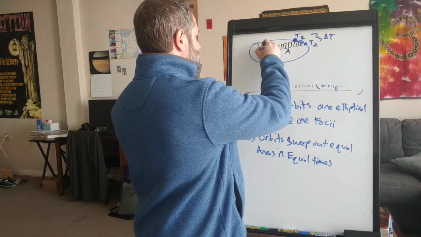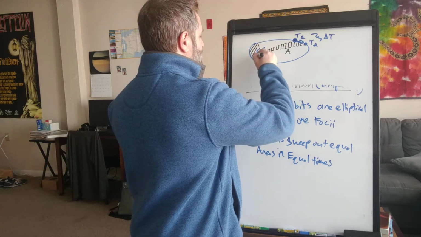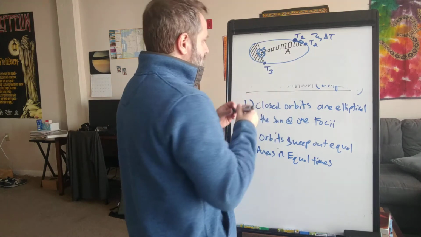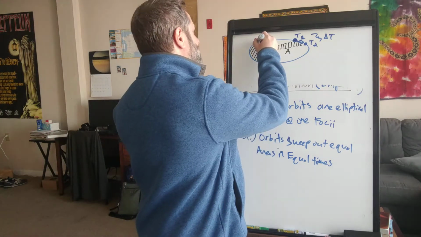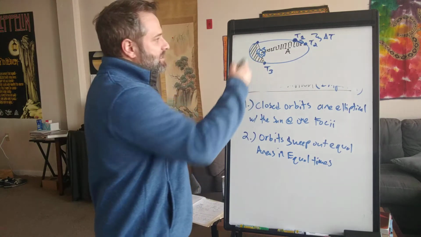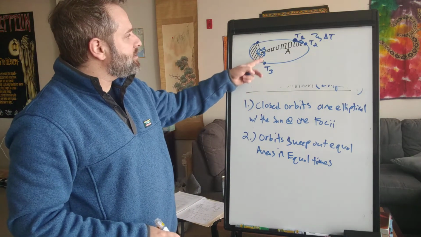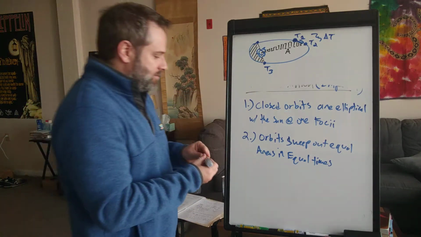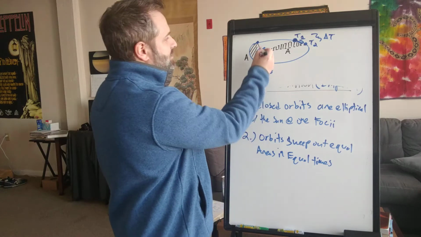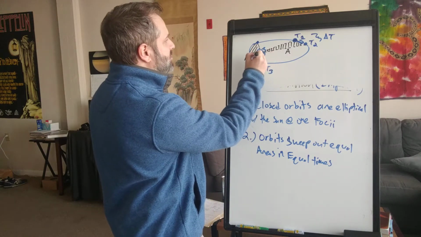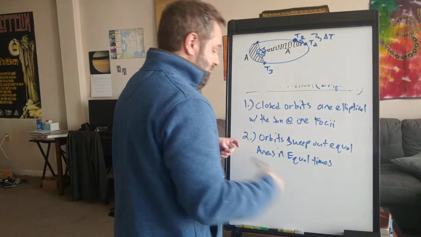So this planet has to move much further on its orbit to sweep out that same area because the line is much shorter. When the planet is near the sun, this line is shorter, so this area, in order to be the same, has to have that line that defines it dragged over a larger distance in this orbit.